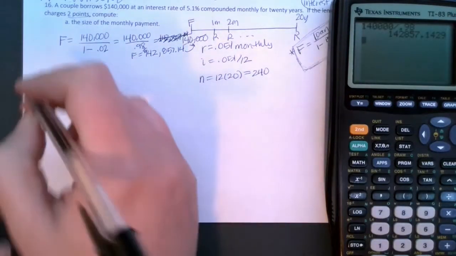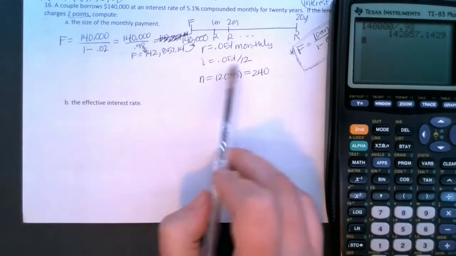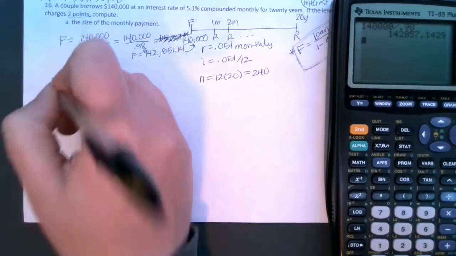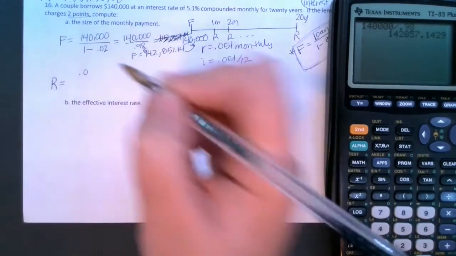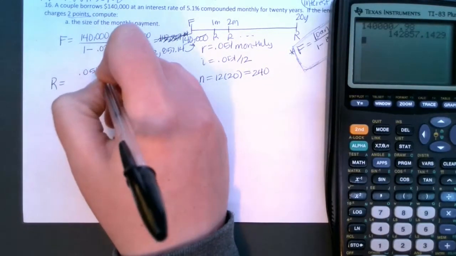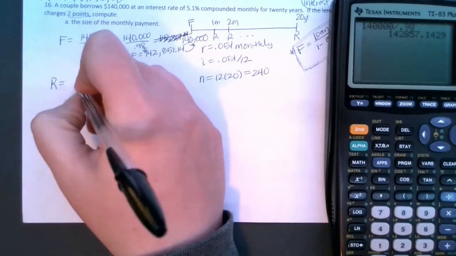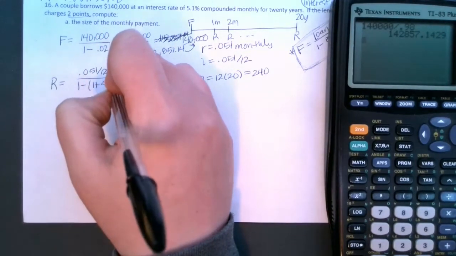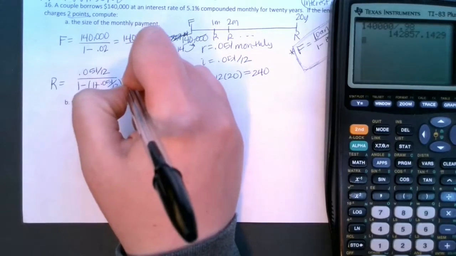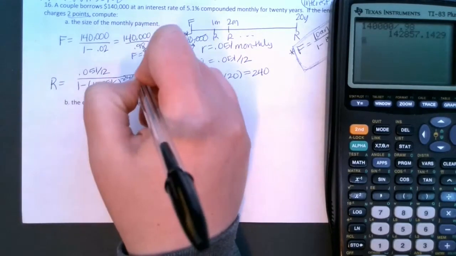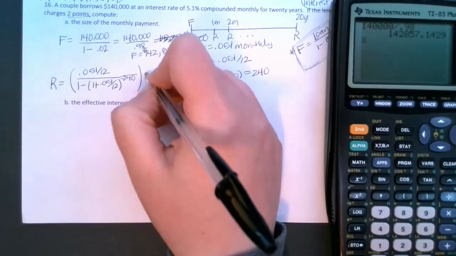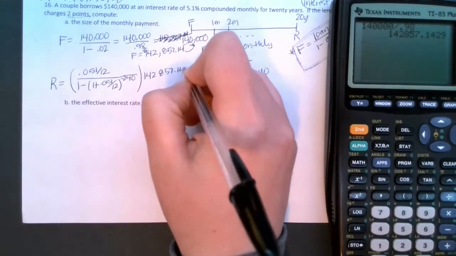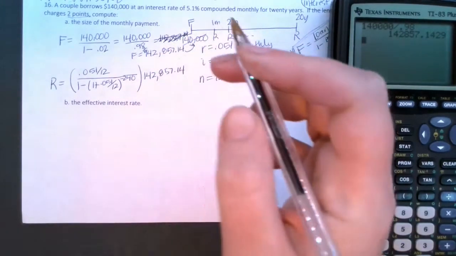So now we're going to find the monthly payment. We already have everything else we need. We already have I, we already have N. So then our R is going to be I, 0.051 divided by 12 over 1 minus 1 plus 0.051 divided by 12 to negative 240, times our F, so 142,857 and 14 cents.